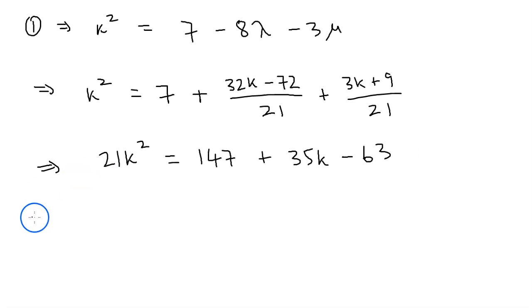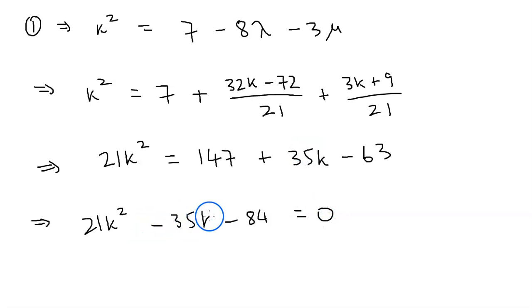And so now we can bring everything to the other side, 21k squared, and then plus 63 minus 147, which is minus 84. And of course we also have to have the minus 35k.